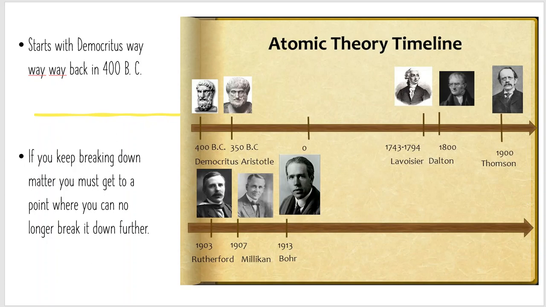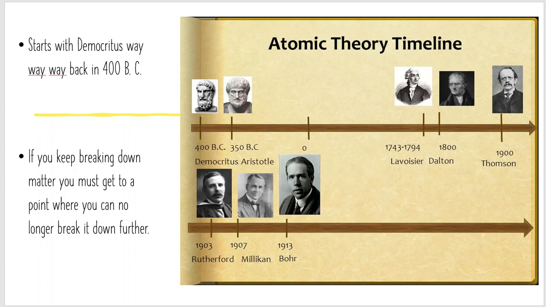Okay, here's a basic timeline, and notice there's a big jump. A long time ago, Greek philosophers were thinking about the idea that if you kept breaking down an element or breaking down matter, you would eventually get to the smallest particle that you could no longer break down.